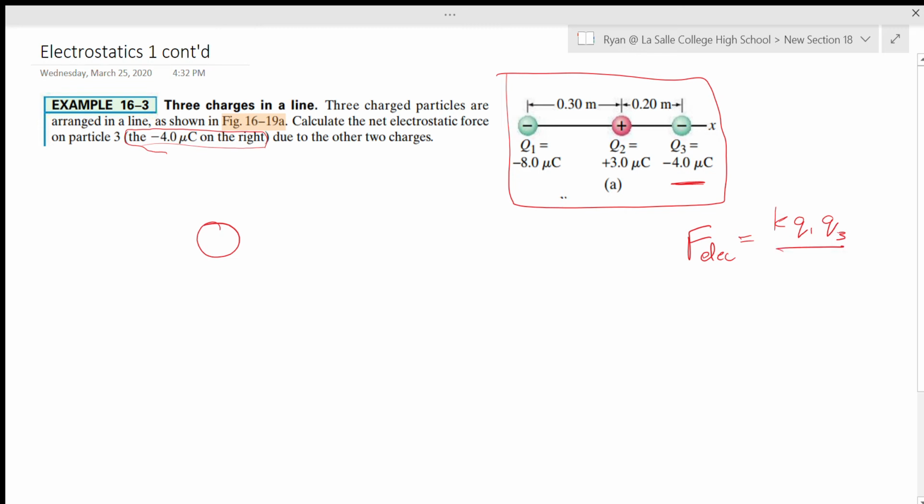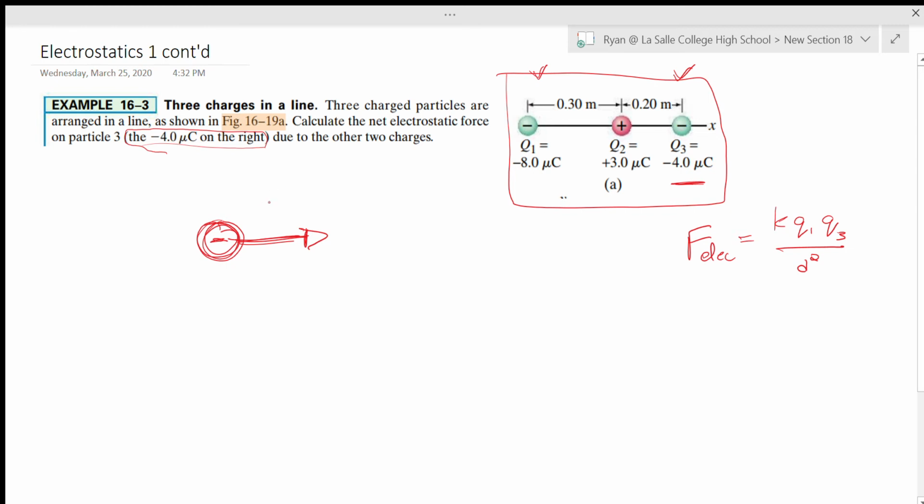This looks at the interaction with the outside charges. Those outside charges are going to cause Q3 to be repelled to the right, right? Because it's a negative charge.